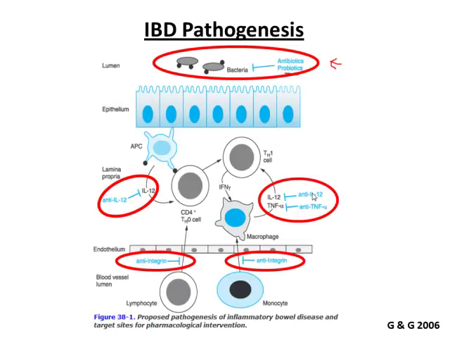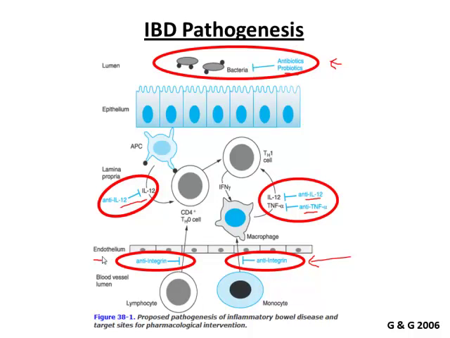And then here we have the anti-interleukin-2 and TNF-alpha agents. We have antibodies for the TNF-alpha itself and TNF-alpha receptors, and then for interleukin-12. And over here we have interleukin-2. Then the anti-integrins can get used.